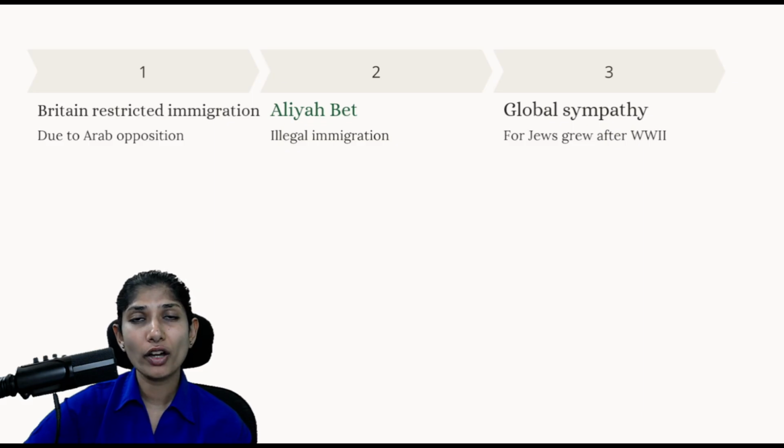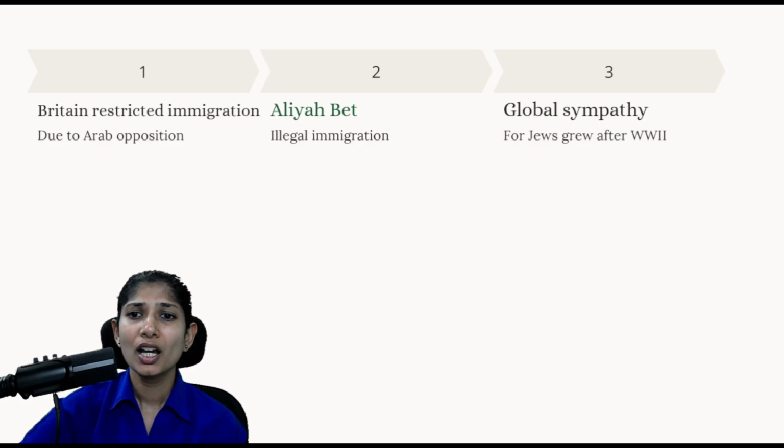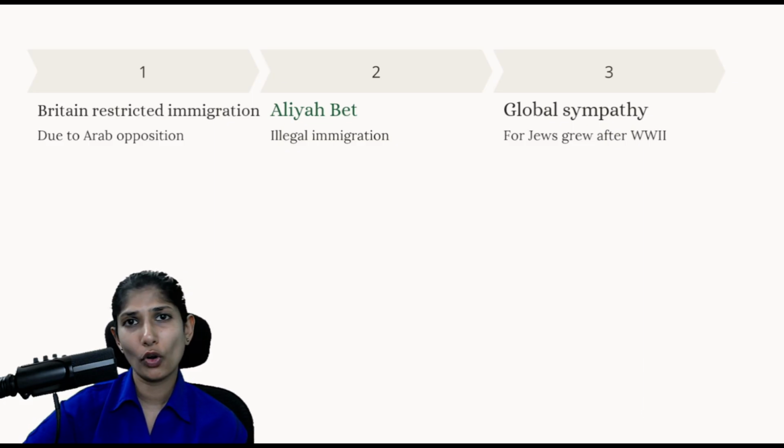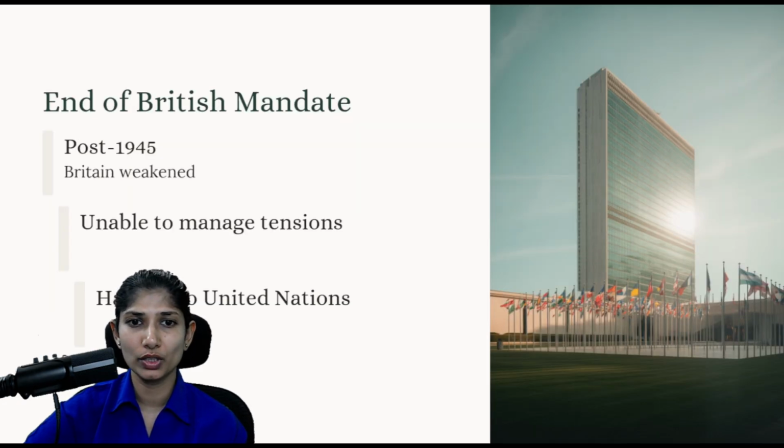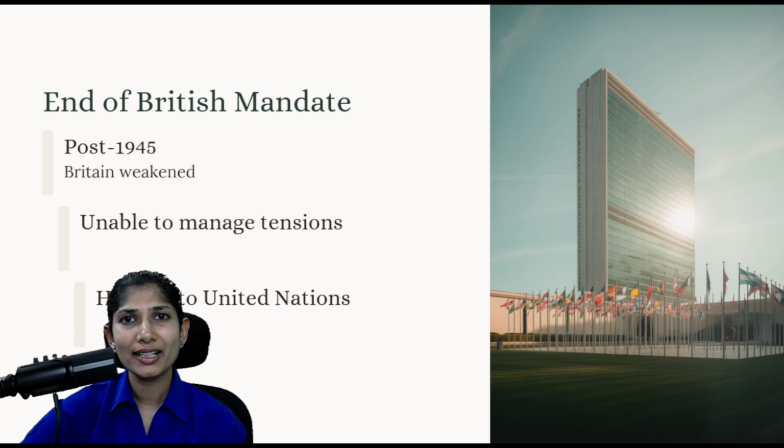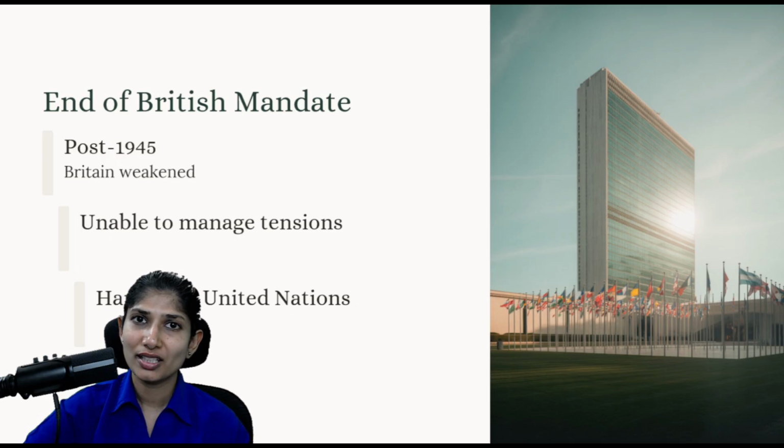And after the horrors of the Holocaust, global sympathy grew for Jews after the Second World War. The Second World War ended in 1945. And the once high and mighty British no longer had that power or authority. So this was the end of the British mandate, and they were unable to manage the tensions of Palestine.